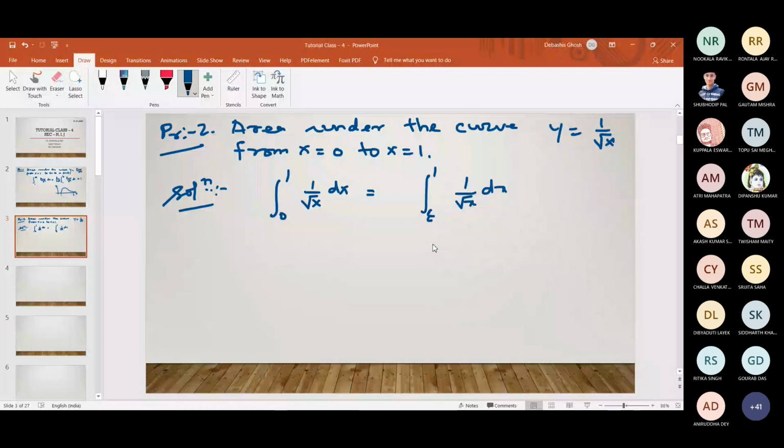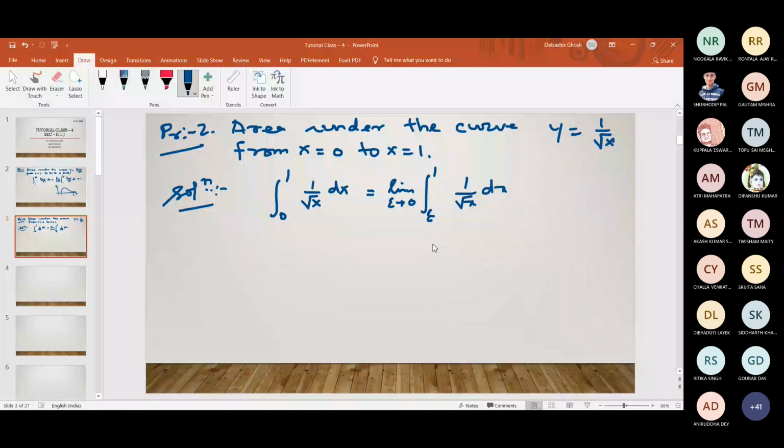And then again, if you compute that the limit is finite and gives some value, then we can say the integration is convergent. So again, if you draw the graph of this, we are integrating from 0 to 1.